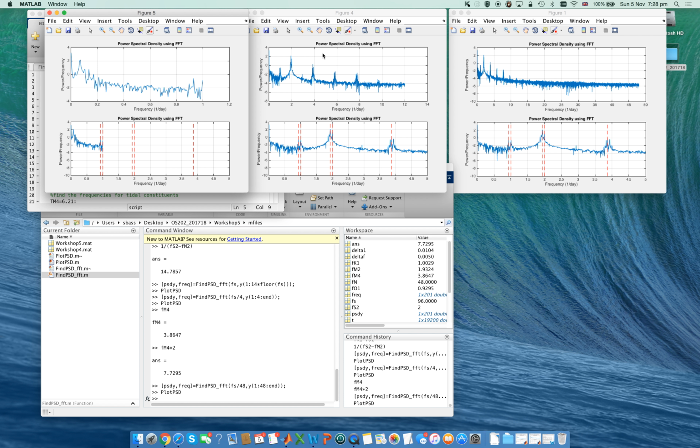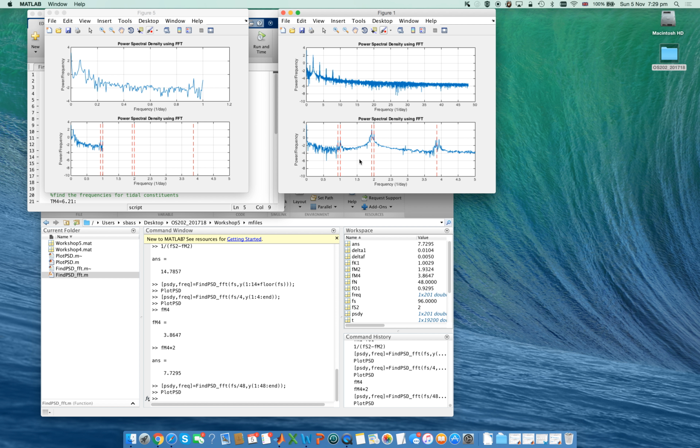What I want to do now is minimize the one in the middle. I would like you to compare our original time series in figure 1 with subplot 2 in figure 5, using the half a day sample rate. What I think we'll do is zoom in on the x-axis.